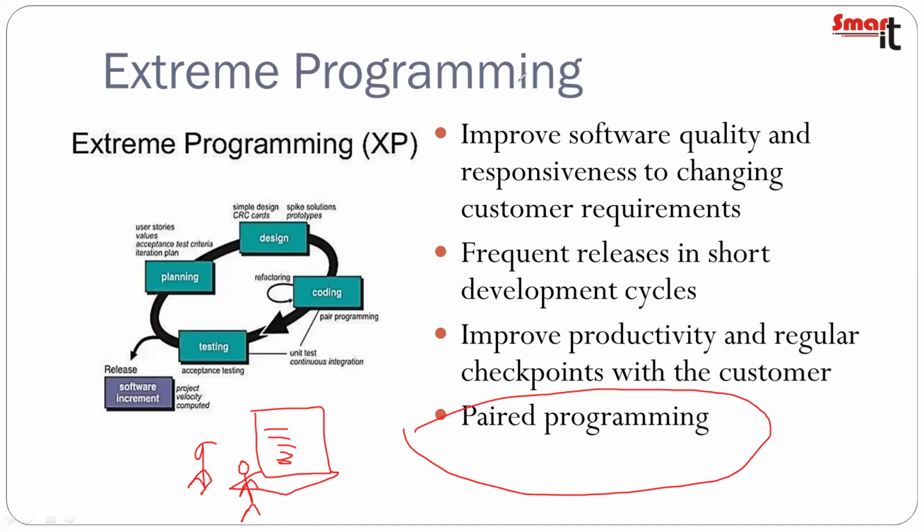So in extreme programming also, we are using those two terms. I will add those things when it comes to the extreme programming slides: driver and navigator. Even in coding, we say driver and navigator. Navigator means the person who directs. Driver means, in extreme programming, the person who actually does the coding.